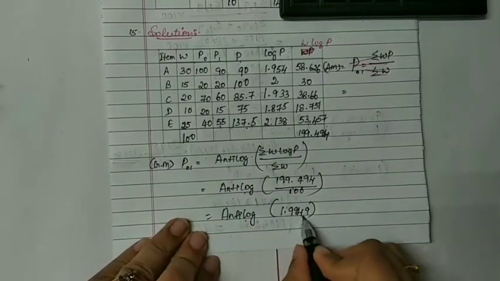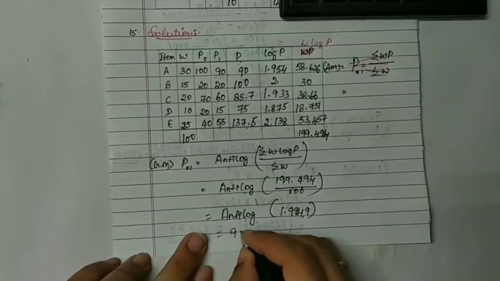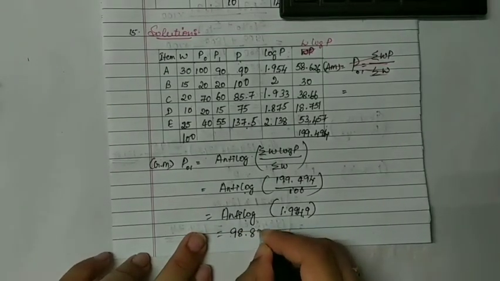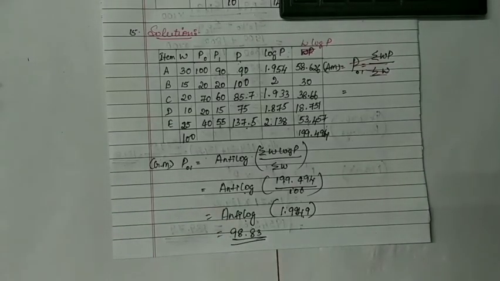Antilog of 1.9949 is 98.83. So that's it with the calculation of weighted average of relatives based on geometric mean.